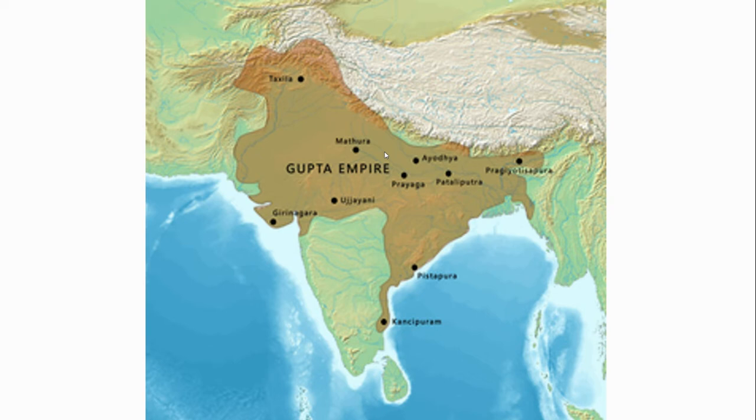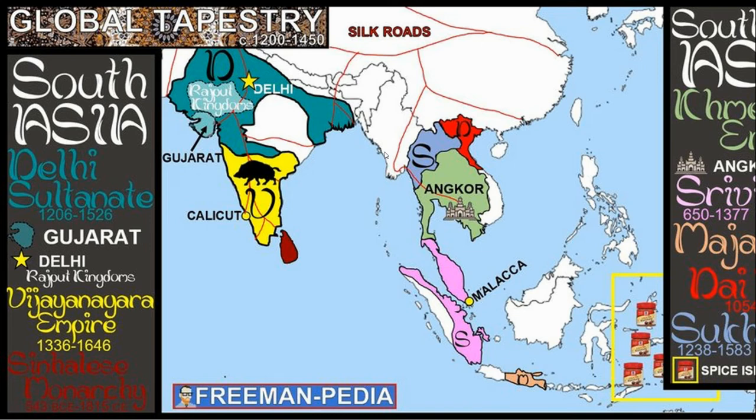After the fall of the Guptas, South and Southeast Asia fell into decentralization. What replaced this one unified empire was smaller kingdoms that stubbornly remained independent. These smaller areas were called trading states.